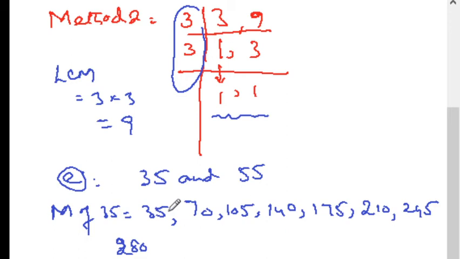And 35 into 9 is what? 315. 35 into 10 is 350. 35 into 11 is what? 385. Then 35 into 12 is 420, and so on.